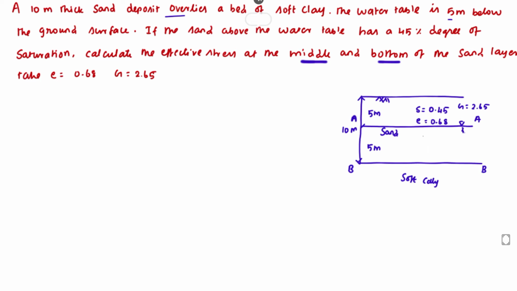Here S equal to 1 because this is below the water table, where the degree of saturation is 100 percent. Then e equal to 0.68 and G equal to 2.65.